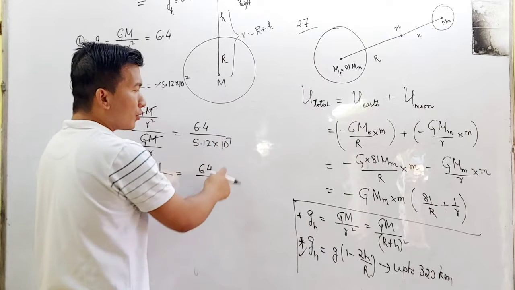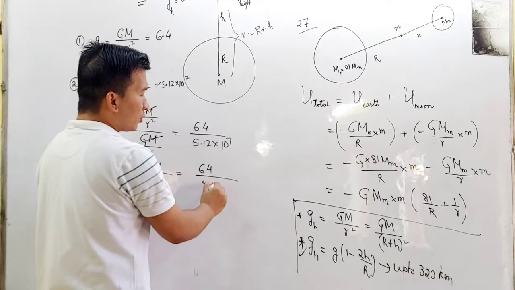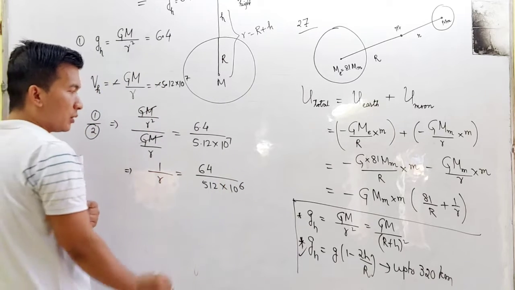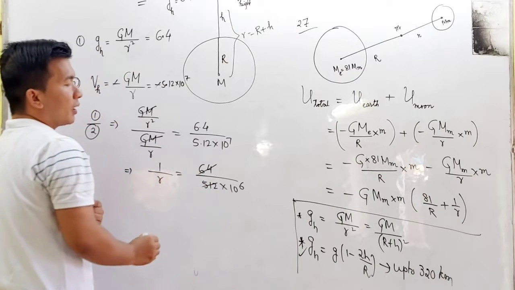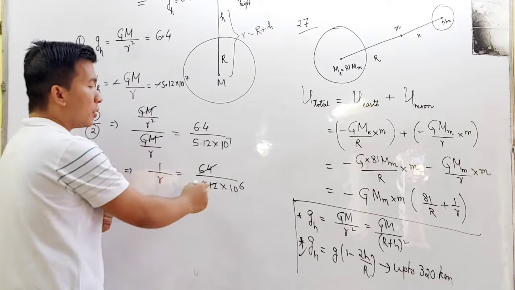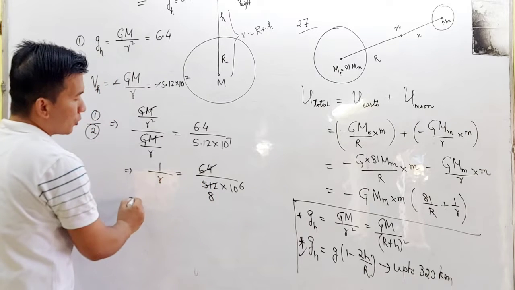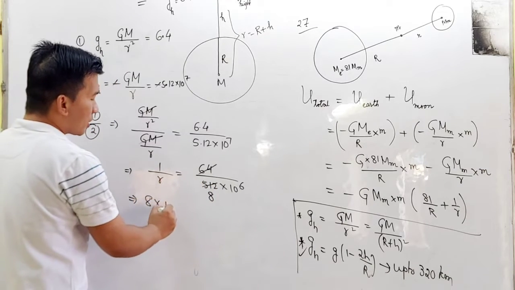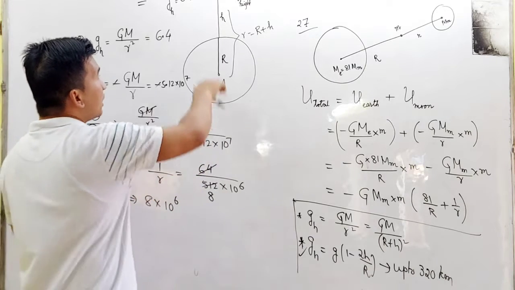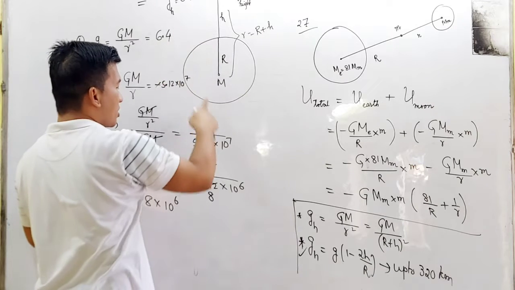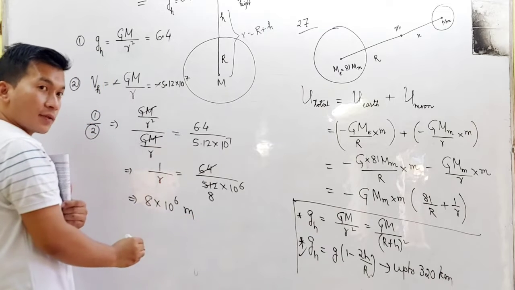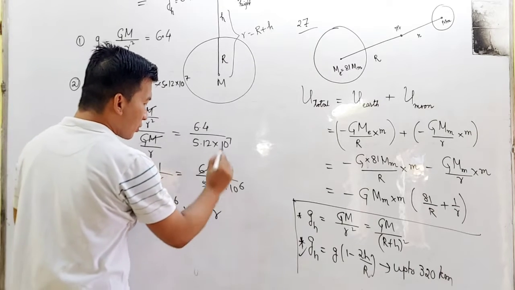So it is now reduced to 64 divided by 512 into 10 to the power 6. This cancels 8 times, so 64 into 8 gives you 512. So we will be having 8 into 10 to the power 6, and this must be in terms of standard units, so distance must be in terms of meters. This is equal to small r.